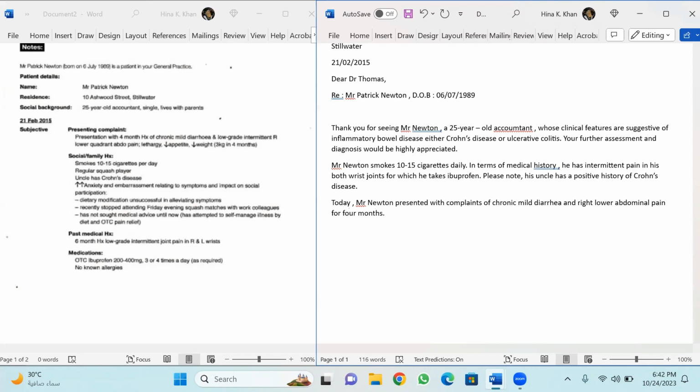Okay, then full stop. In addition, he reported lethargy, decreased appetite, and weight loss.